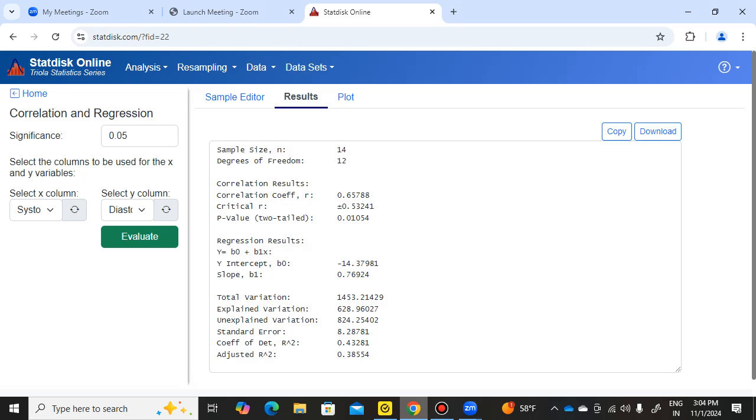And so if we read a 122 for the systolic, then we do 0.769 times 122 minus 14.38.